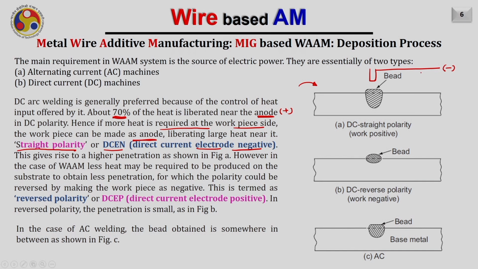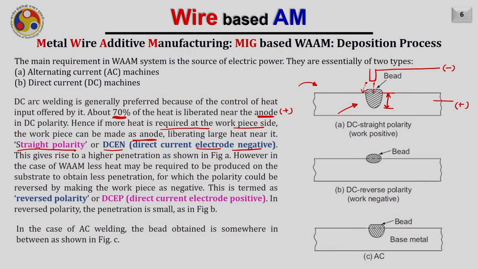Direct current electrode negative, and the substrate is positive, that is the anode. Now the electrons will come from this end and move towards the substrate. As more electrons travel towards the substrate or the workpiece, more heat will be generated on this side. As a result, a greater penetration will be obtained.